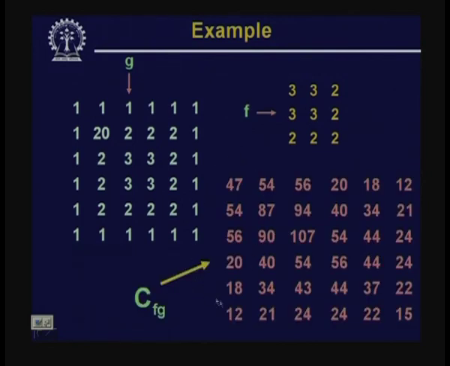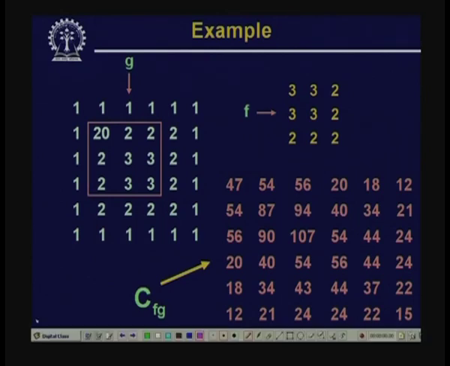This gives the complete cross correlation matrix when this template is shifted to all possible locations in this given image, and the cross correlation value is computed for all such possible shifts. Now, from this you find that here the maximum cross correlation value is coming at this particular location, which is given by 107.